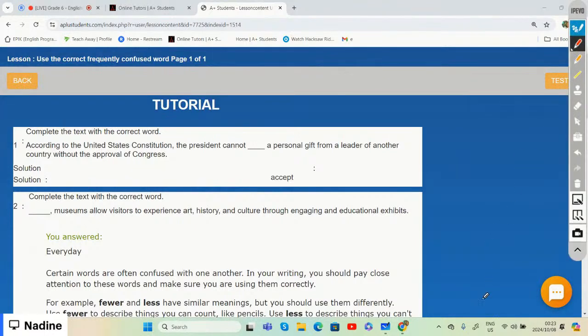So museums allow visitors to experience art, history, and cultures through engaging and educational exhibitions.